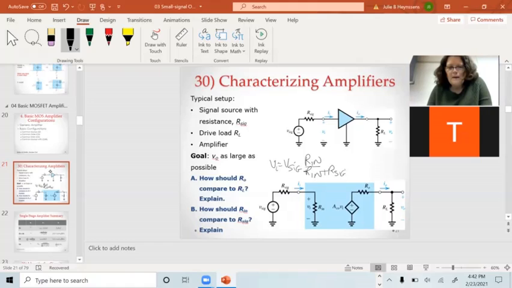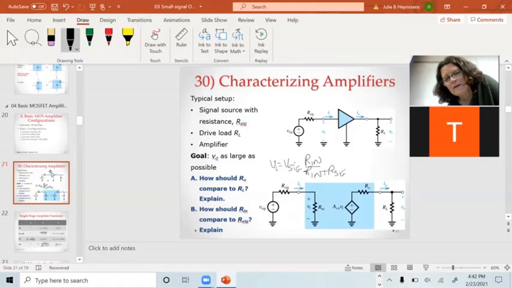Okay, so looking at that equation, Vn equals V sig, Rn over Rn plus R sig. If we want to make Vn as big as we possibly can, what are we going to do?